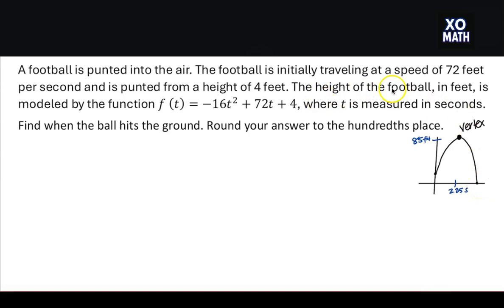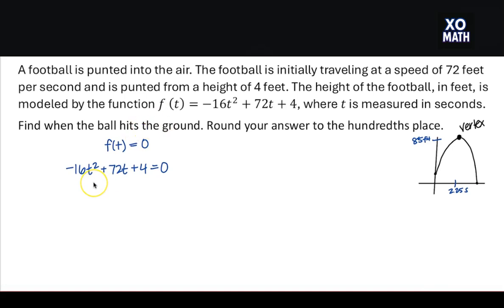Well, the height of the football was called f of t. So what we're being asked to do in this part is solve when does f of t equal 0, or when does this quadratic negative 16t squared plus 72t plus 4 equal 0?